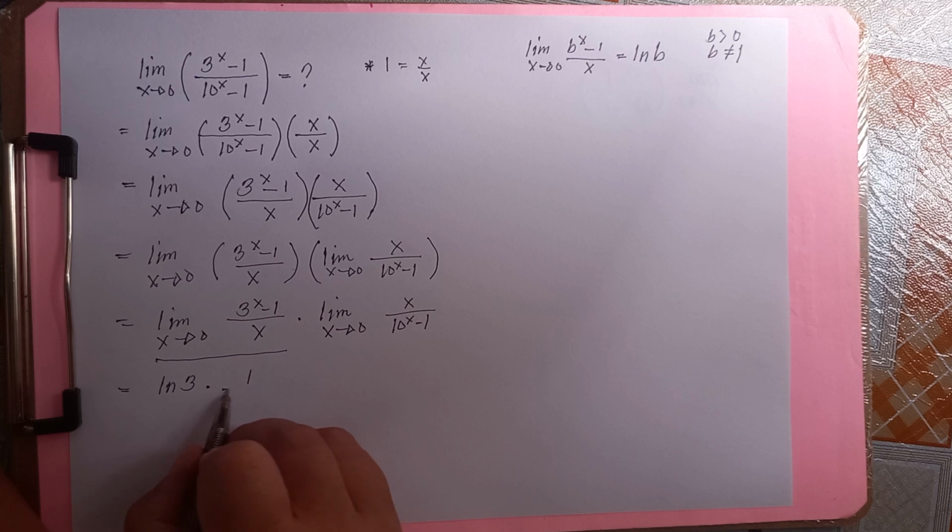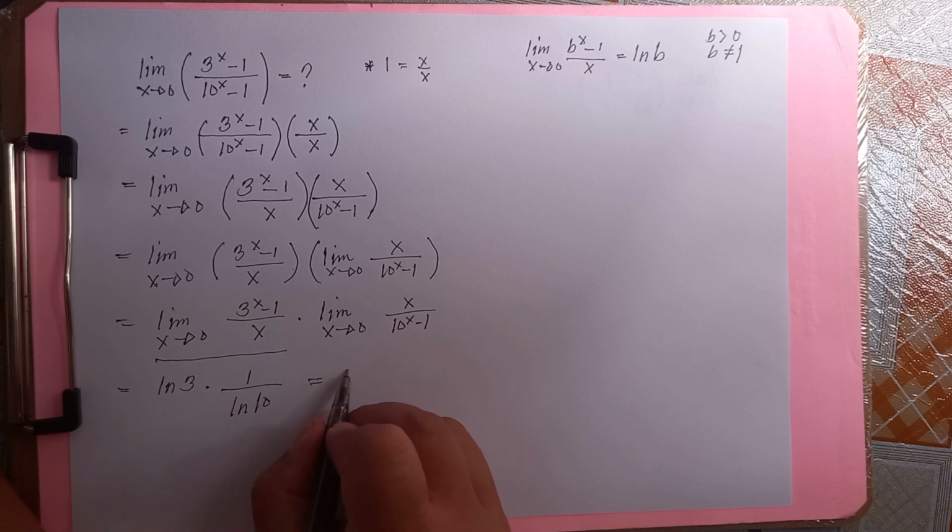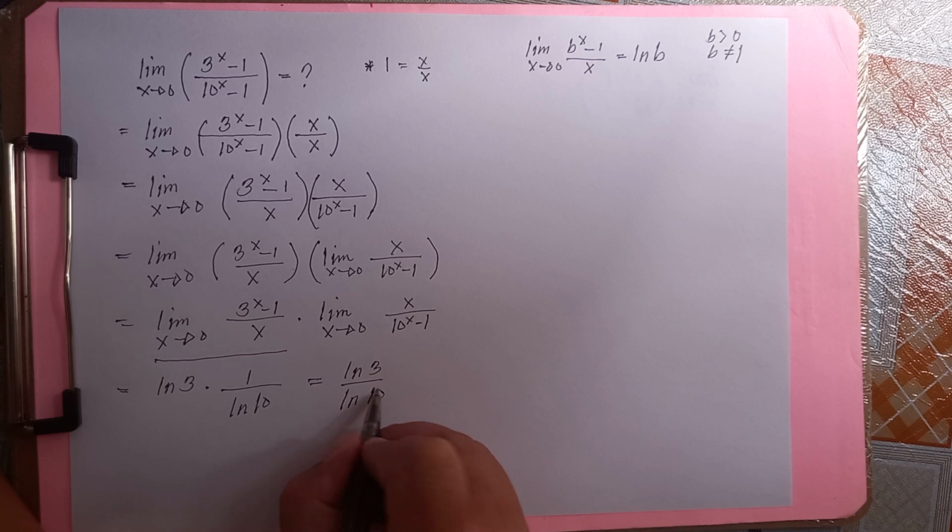That is 1 over the natural log of 10. We can now multiply, so that is the natural log of 3 over the natural log of 10.